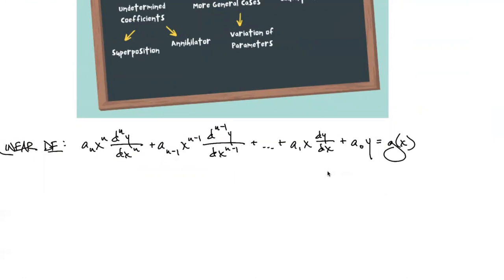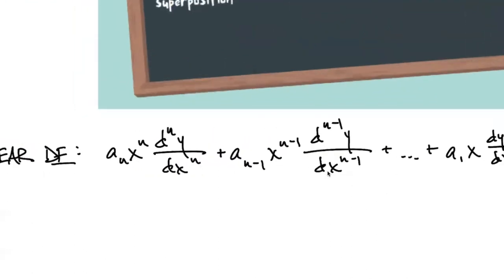Now, one thing that is important and characterizes this as a Cauchy-Euler equation is that the powers that we see in terms of the degree of the polynomial actually match the order of the derivative that we're taking. What I mean by that is this n will be the same as this n and this n.